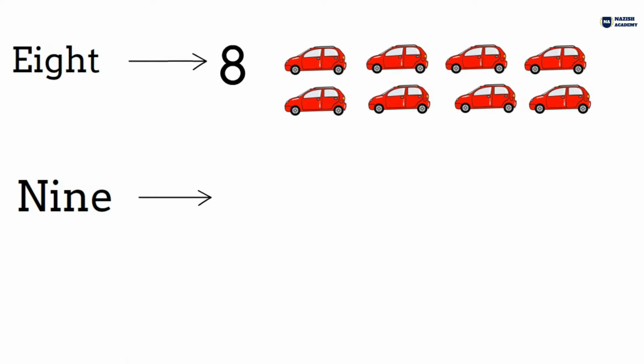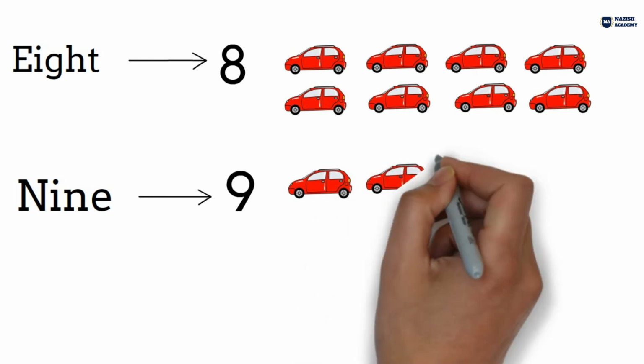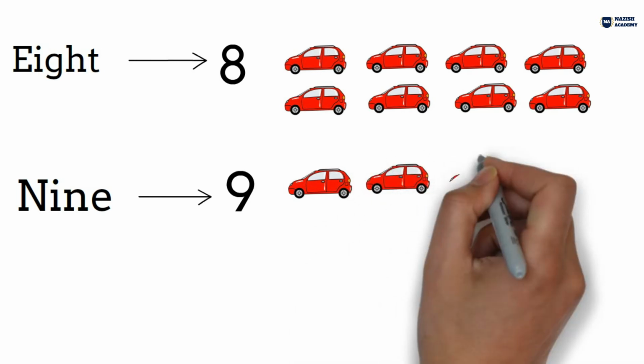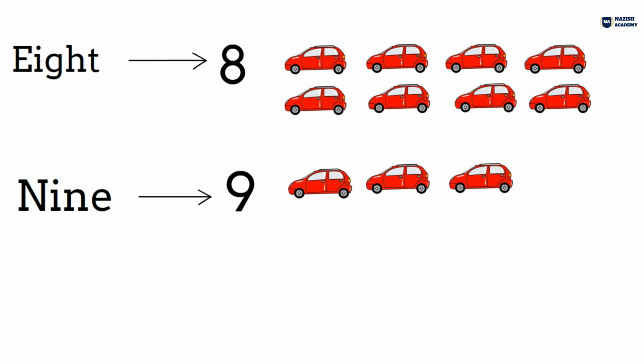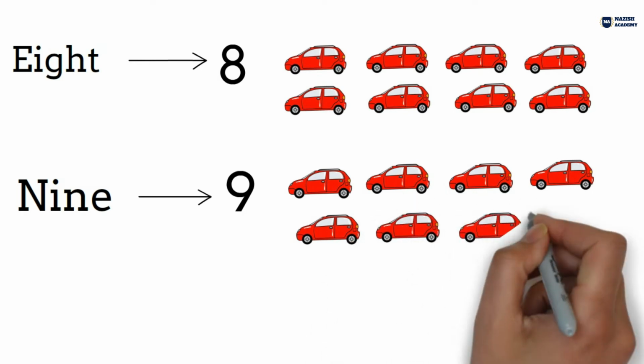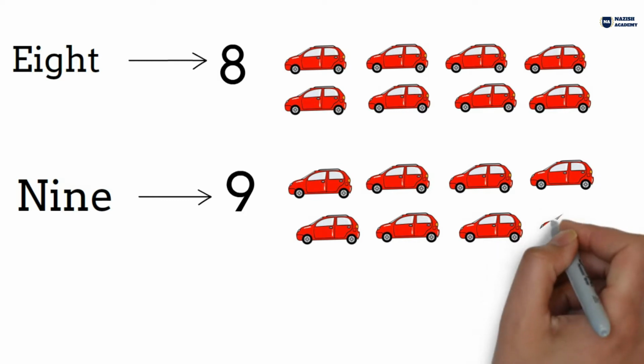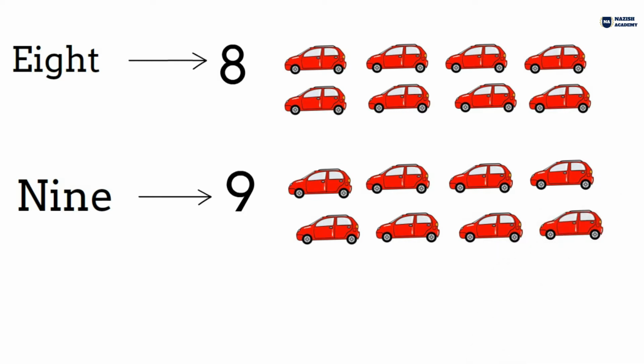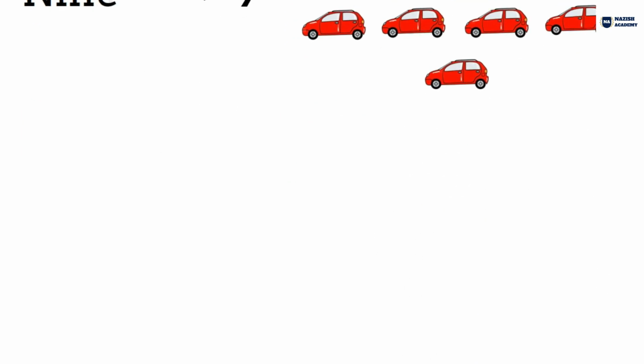Nine, 9. 1 car, 2 cars, 3 cars, 4 cars, 5 cars, 6 cars, 7 cars, 8 cars, and last 9 cars.